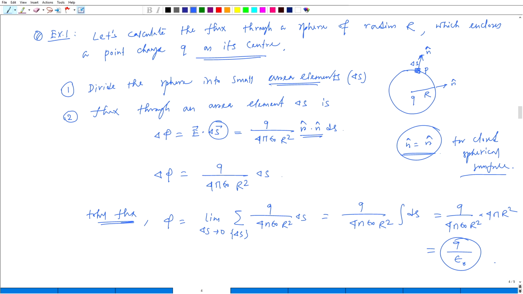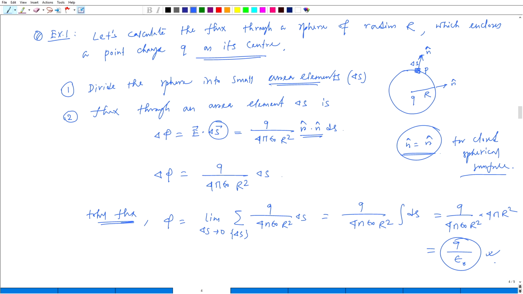If we put a charge at the center of the sphere, the important thing is that the flux does not depend on the radius of the sphere. If we consider any closed surface, it need not be a sphere, of any shape, and we put a charge inside it, the flux through the surface is q over epsilon naught.